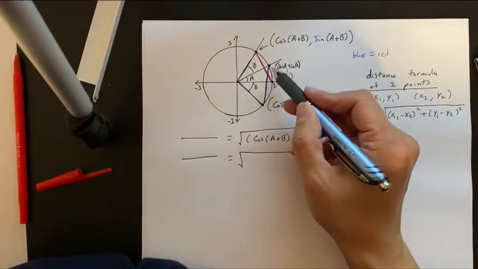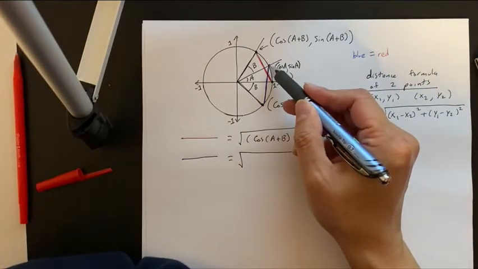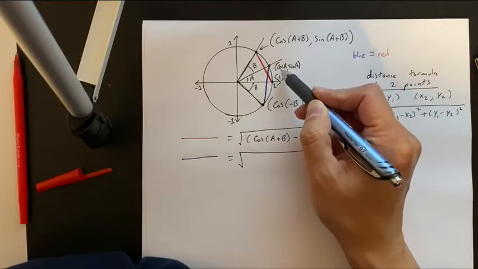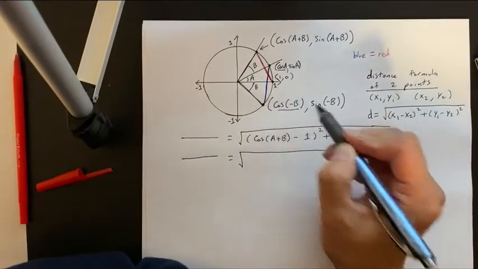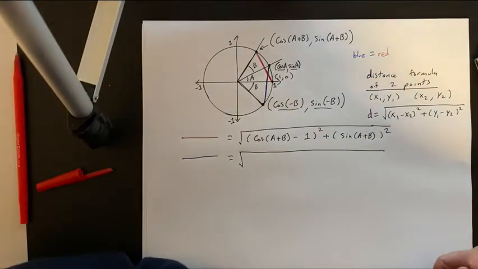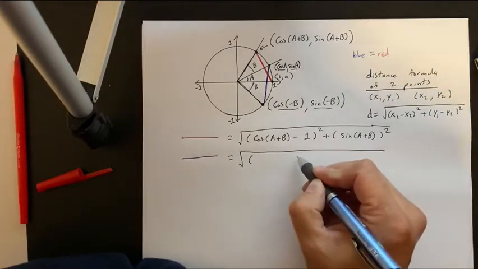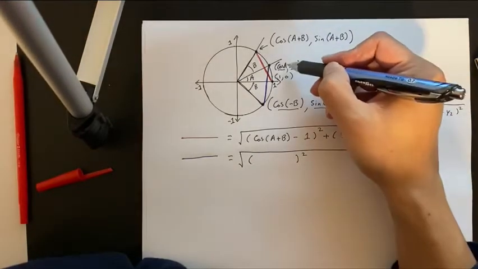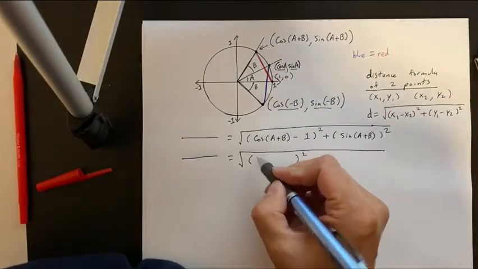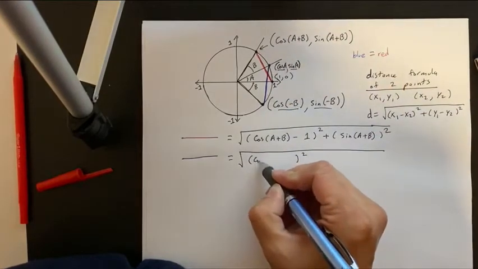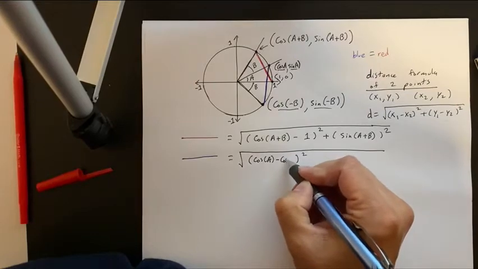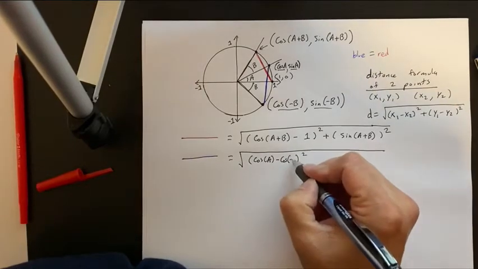Okay, so the blue line will be the distance formula from these two endpoints. So this is the x value, and then here's my y value. It doesn't really matter which one you write first. I will write cosine A, so top minus bottom: cosine A minus cosine negative b.